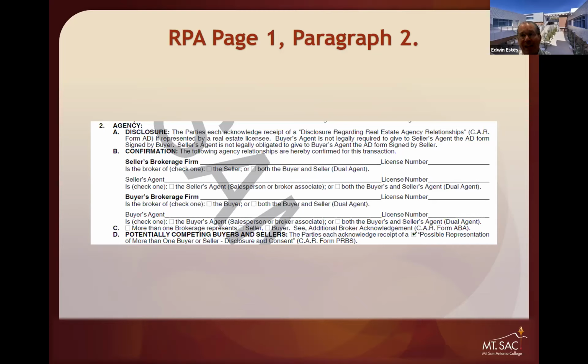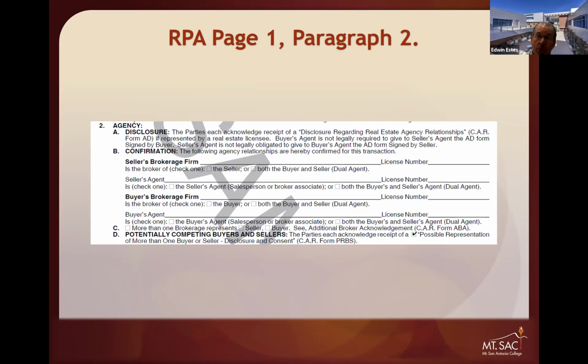When you give that AD form to the buyer, you should also give them the PRBS form. This isn't a class in agency, but my recommendation is you should disclose agency and give that PRBS form, potentially competing buyers and sellers, before you start taking the buyer out to show them property.